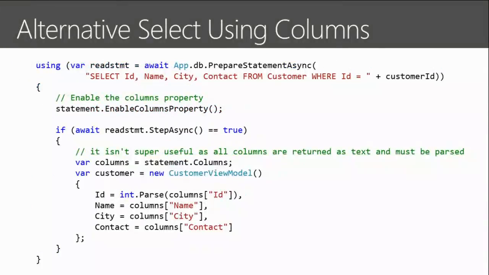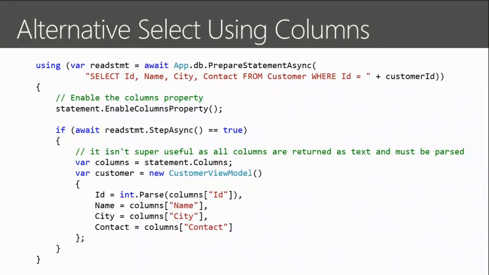The other way of doing it is, instead of doing it by column index, you can do it by the column name, which is probably a better way of doing it. So we have this enable columns property method you can call, and then when you get your results back, they are returned to you not as a numeric collection, but as a dictionary.